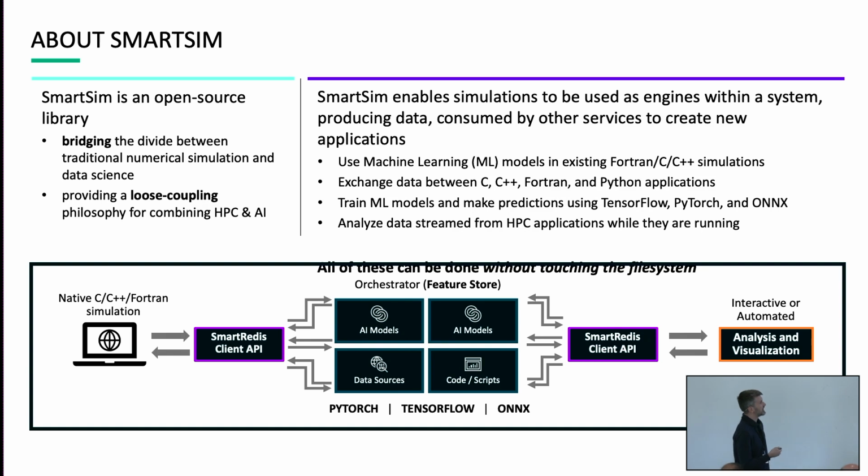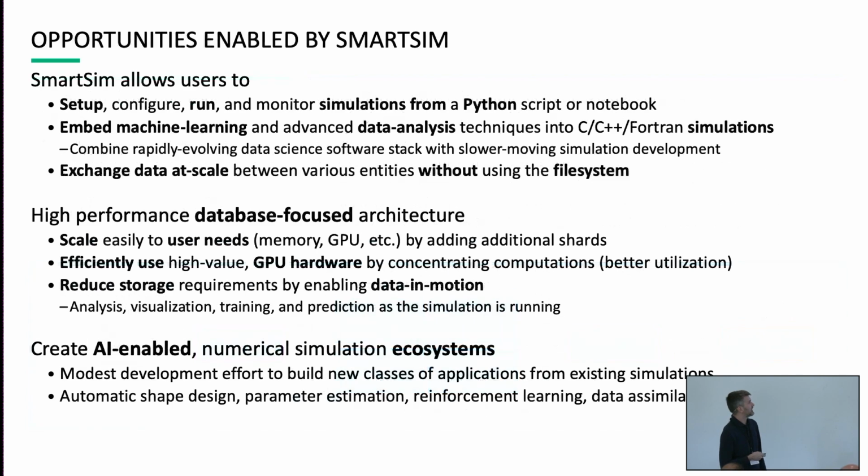So once the data is on the database, is on the orchestrator, you can access it from other components of your workflows. You can plug new components at any time. You can read data from the database. You can put something back, and so on and so forth. And this was the idea behind SmartSim.